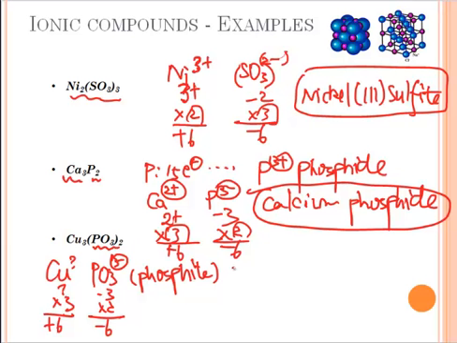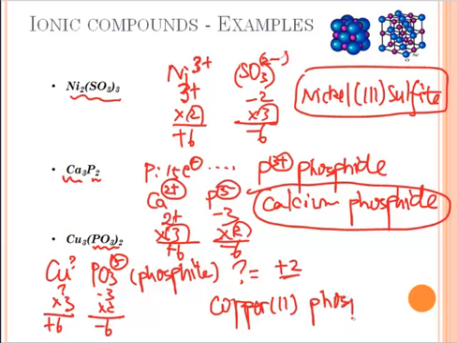So this charge will equal to plus 2. So hence the name for this Cu3(PO3)2 will be copper 2 phosphite. Okay.